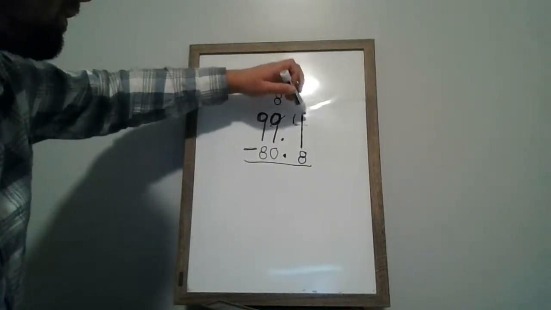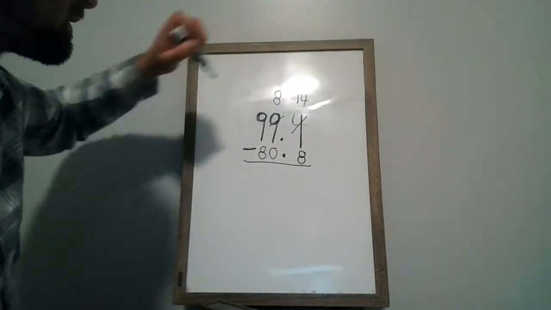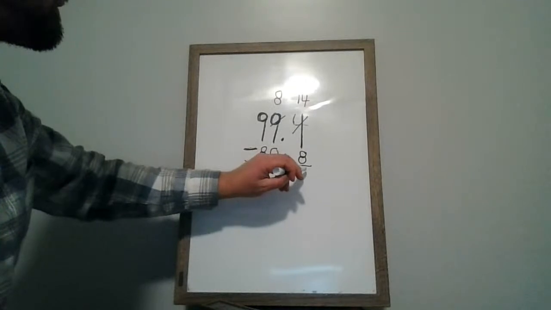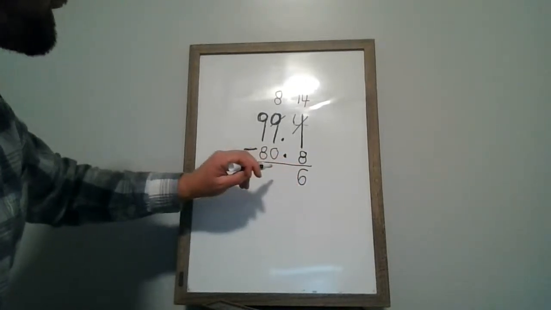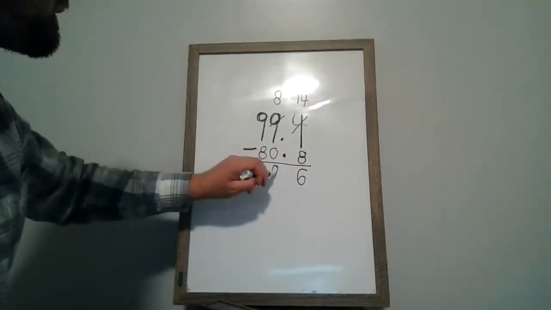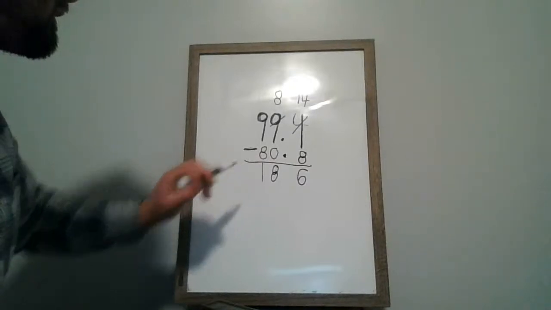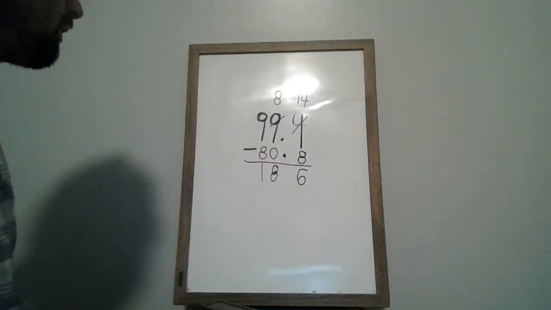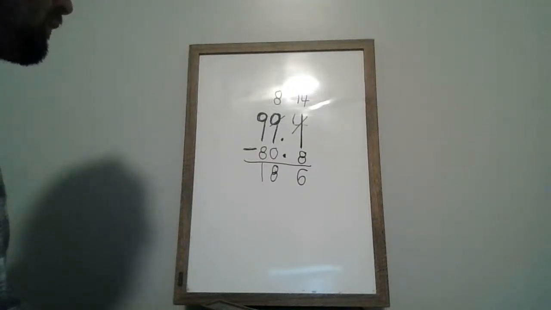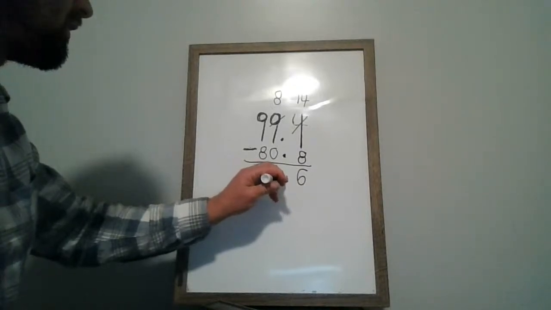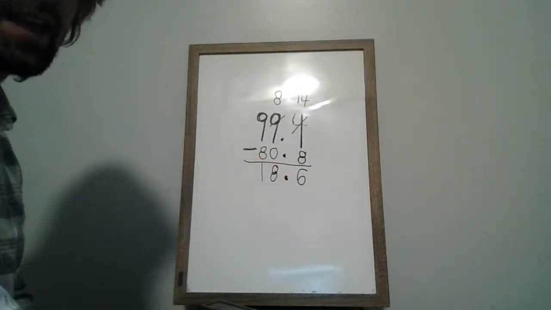The 4 is going to become a 14. 14 minus 8 equals 6. 8 minus 0 equals 8. 9 minus 8 equals 1. The decimal point for both of these numbers is between the second and third digit. So for the answer, we're going to put the decimal point in between the second and third digit. Our answer is 18 and 6/10.